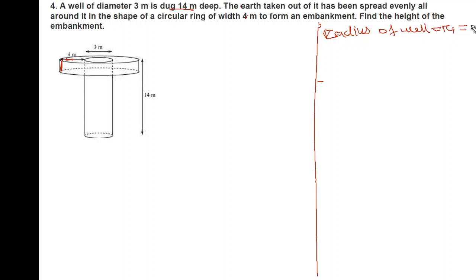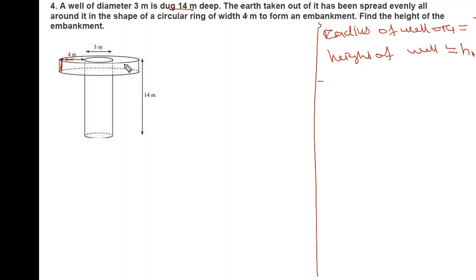So R1 is equal to, 3 is the diameter, so radius will be 3 by 2 meter. Then height of well. Height and depth are the same thing. Height of the well, you can write H1 equals 14 meter.